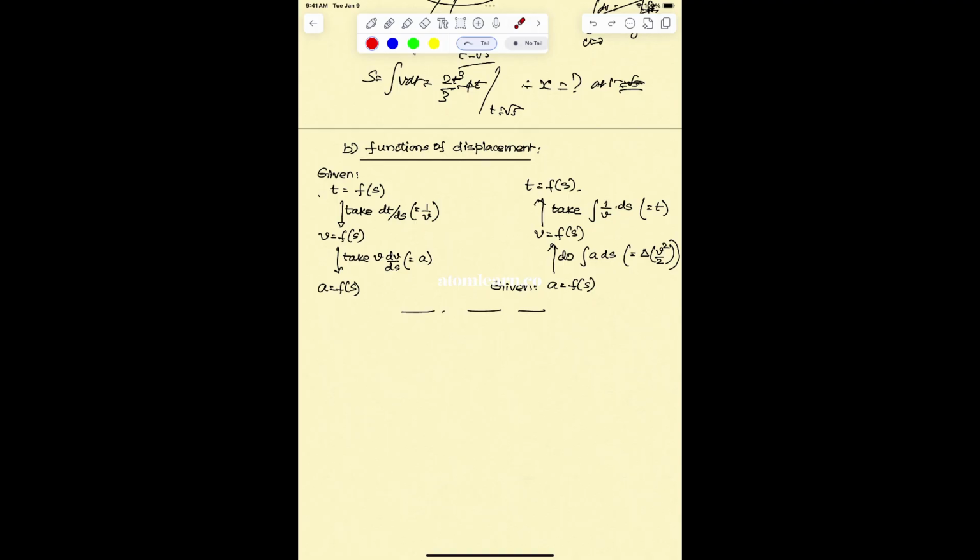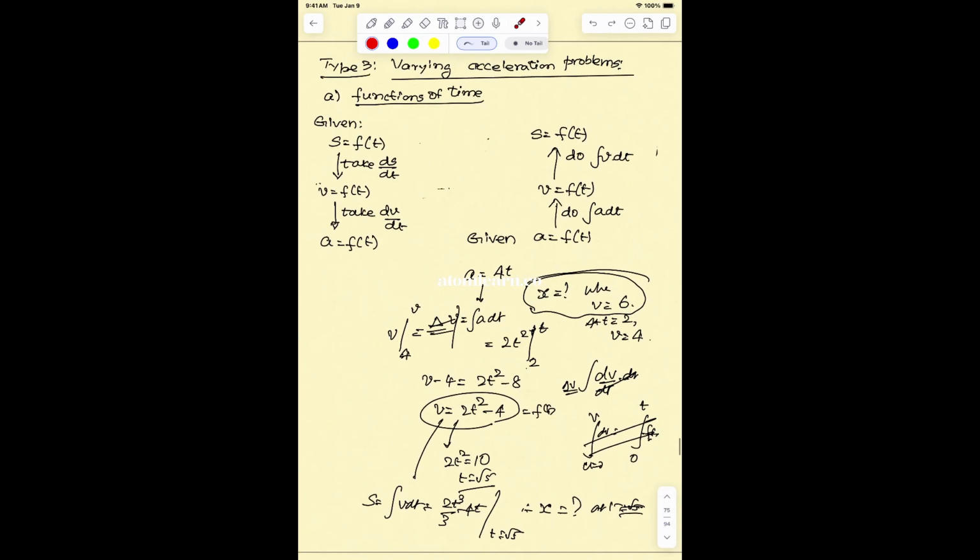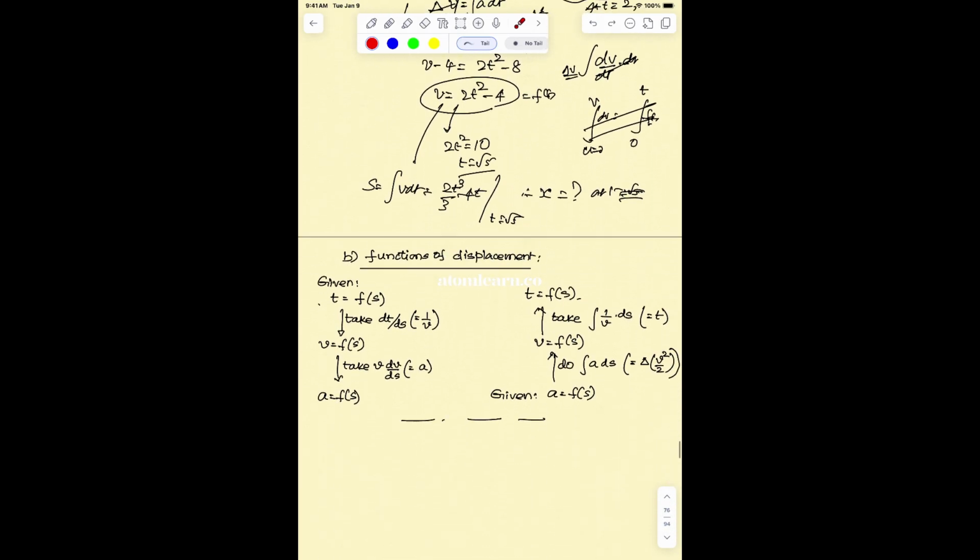As I told you, the independent variable is usually time. Whatever is given as a function of s means the independent variable is s. The normal way of giving the independent variable is only time. Whereas they can complicate the matter by giving the independent variable as displacement, which means the given data could be that time is a function of displacement like this.